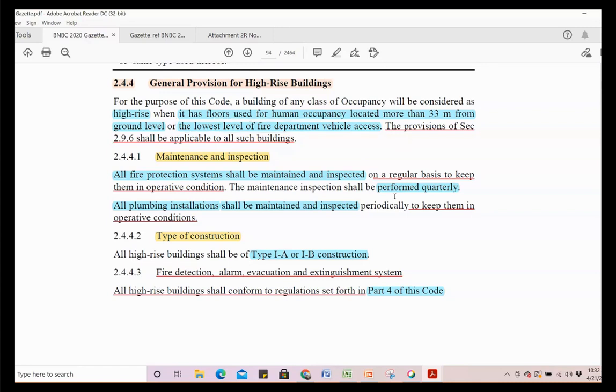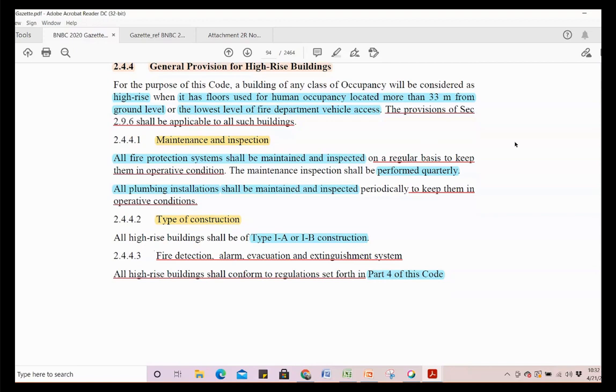So that is what the provisions are. The provision of section 2.9.6 shall be applicable to all such buildings. Okay, so we'll have another clue about this in section 2.9.6.